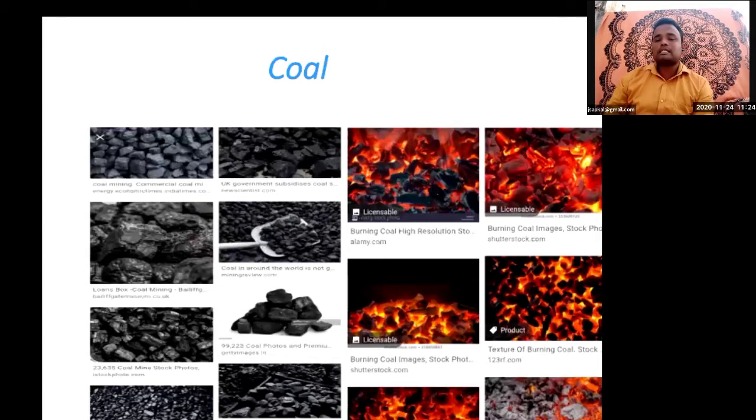Millions of years ago, forests got buried under the ground as a result of certain natural events. In disaster management we have already learned about natural events like volcanoes and earthquakes. Because of these natural events, many plants and animals got buried under the ground.